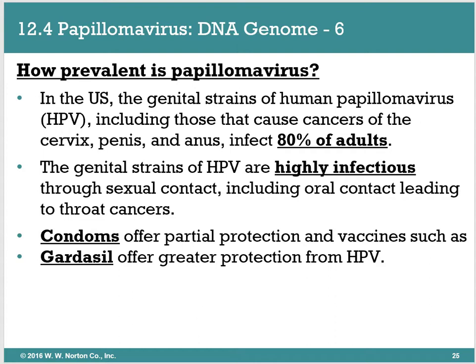Just sexual contact in general can lead to the spread of HPV. The most common way to protect yourself is condoms, and there is also a vaccine for HPV, specifically for the HPV that causes cervical cancer. We'll go into more detail about that, but there are two strains of HPV that have been linked to cervical cancer, and I believe it's HPV 16 and 18.